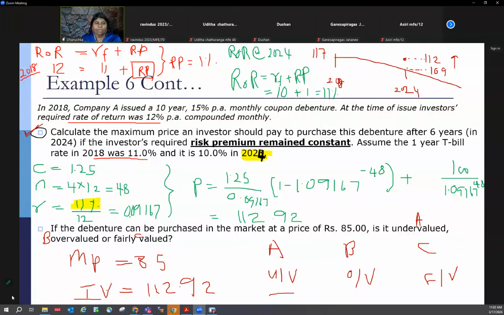So if I put it the other way around, if the market price is 120, is it overvalued, undervalued, or fairly valued?